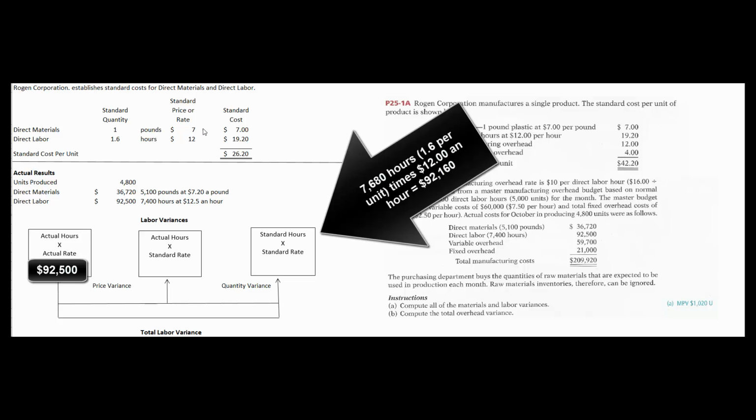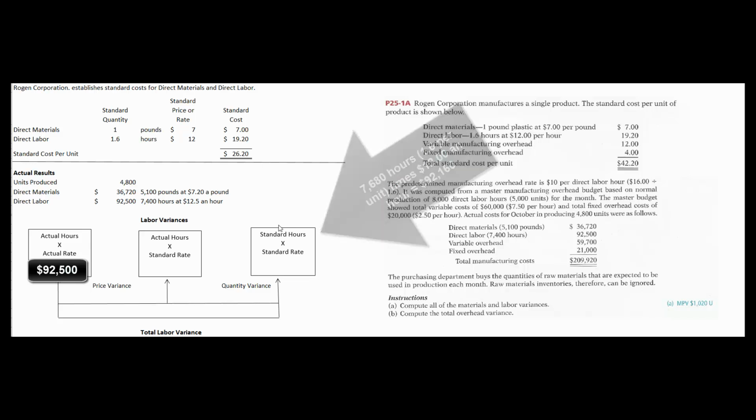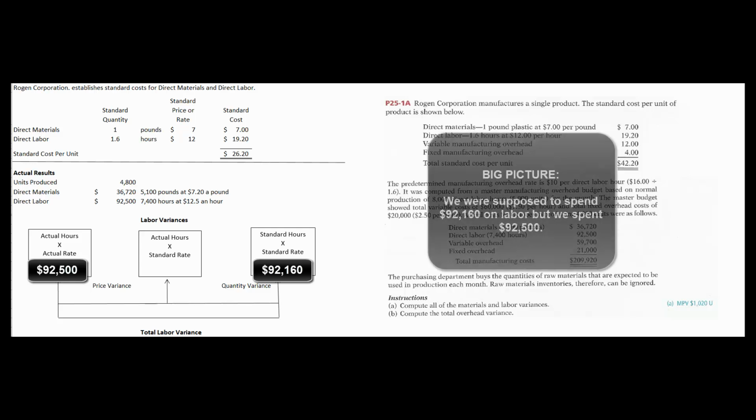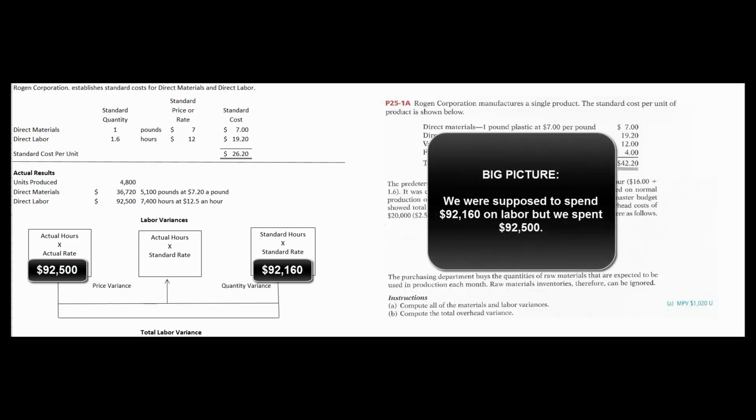We're supposed to pay our guys $12. So this box out here has a value of 92,160. You take the actual hours times the actual rate, which is 92,500, subtract the standard hours times the standard rate, which is 92,160, and you get a positive 340. So our total labor variance is $340.